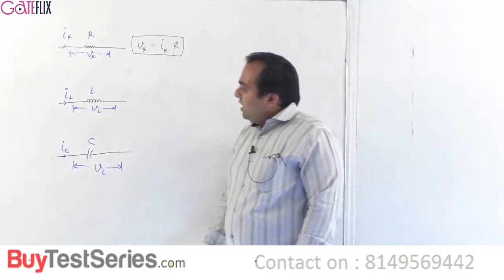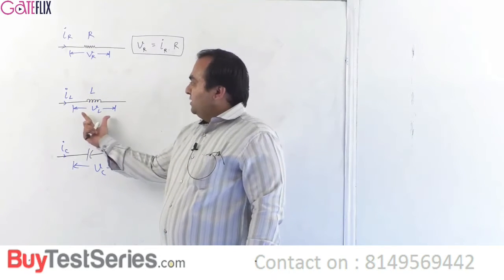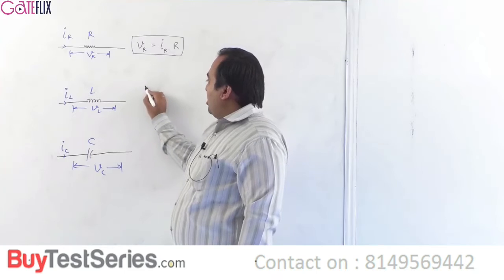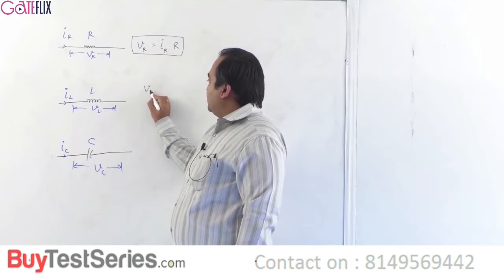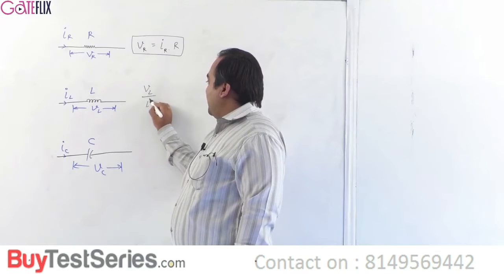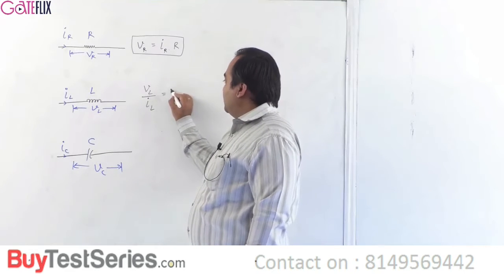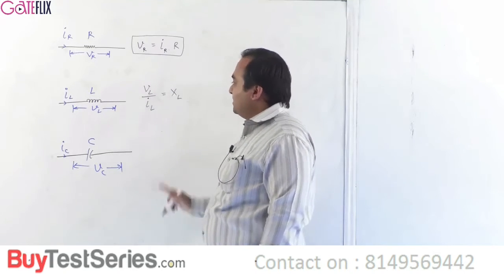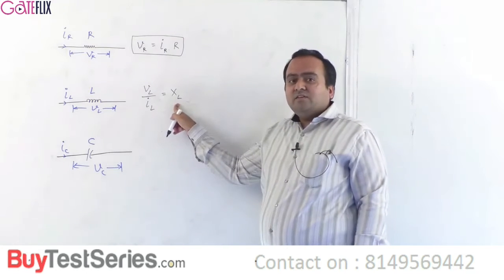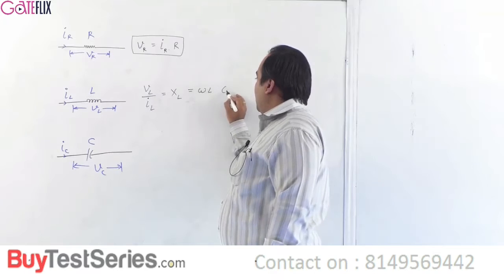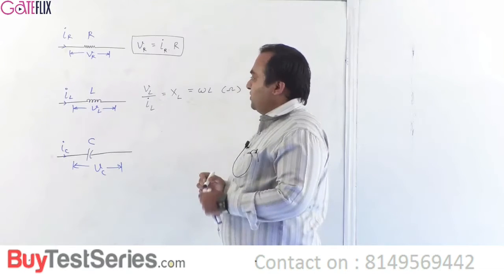Alright, now if we look at this, the ratio of the voltage across an inductance divided by current flowing through an inductance is called the inductive reactance. We call it inductive reactance, which is equal to omega L, having the dimension of ohms.